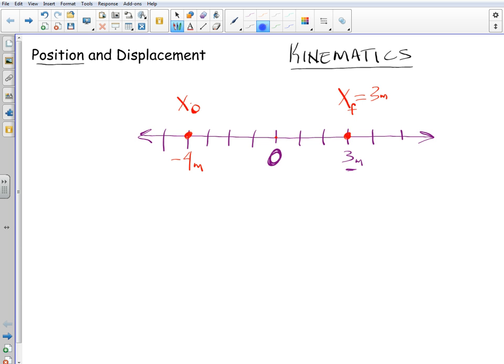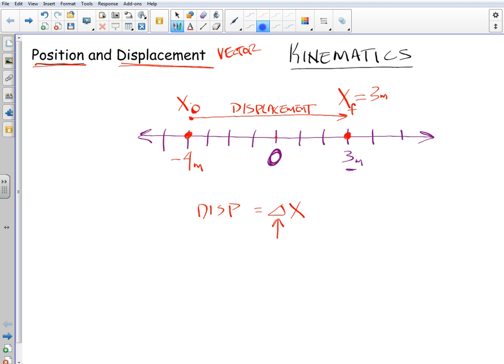Well, that means my displacement is an arrow going from where I started straight to where I ended. It is a vector. So your position, to recap, is where you are at any given point. Your displacement is if you go from one position to another, you have created a displacement vector. And it is a vector quantity. In this case, your displacement would be simply your change in position.